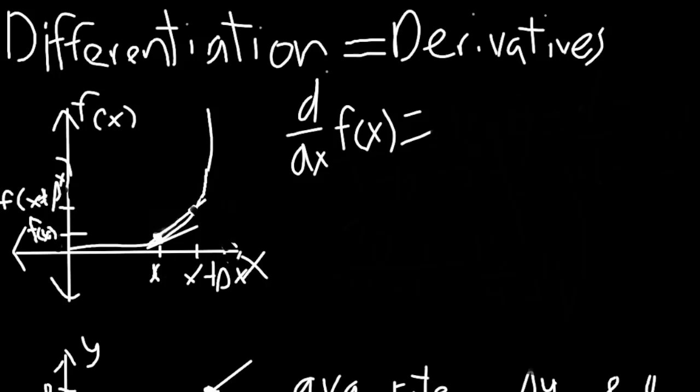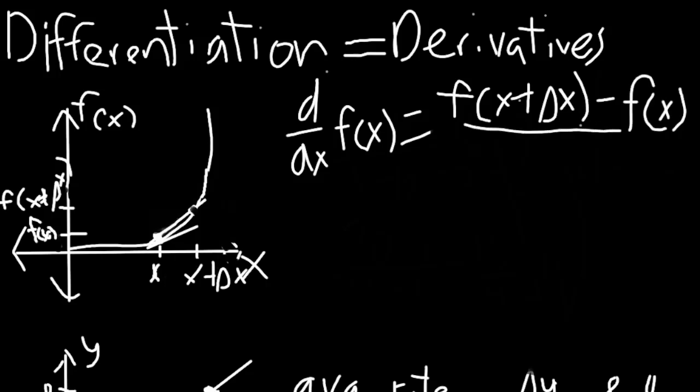So let's write that equation. The derivative of f of x is going to be equal to x2, which is the function of f of x plus delta x, minus f of x, over x plus delta x minus x.